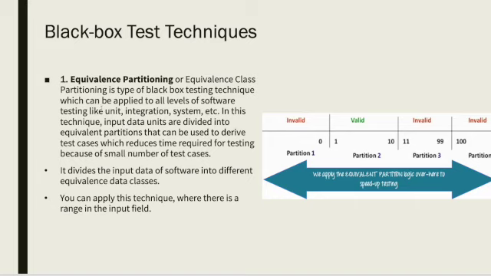Let me read this out to you: it can be applied to all levels of software testing like unit, integration, system. In this technique, input data units are divided into equivalent partitions that can be used to derive test cases, which reduces time required for testing because of the small number of test cases. This is especially used when you are dealing with number ranges.